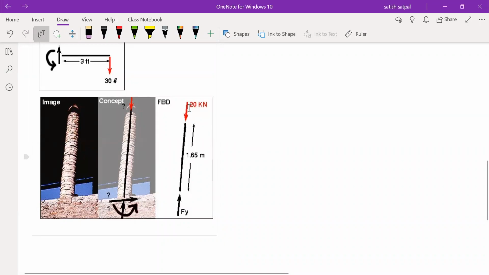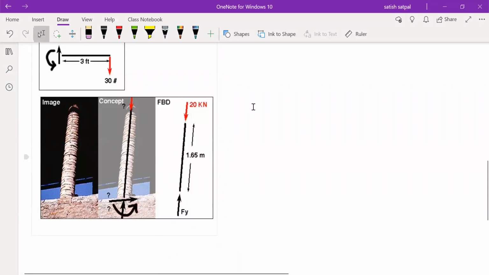Then the first thing is, suppose I want to ask you, find the value of Fy here. So what will the value of Fy be? Minus 20 kilonewton. Yeah, minus 20 kilonewton. We can say directly here 20, because if we represent downward force as positive, then upward should be negative.